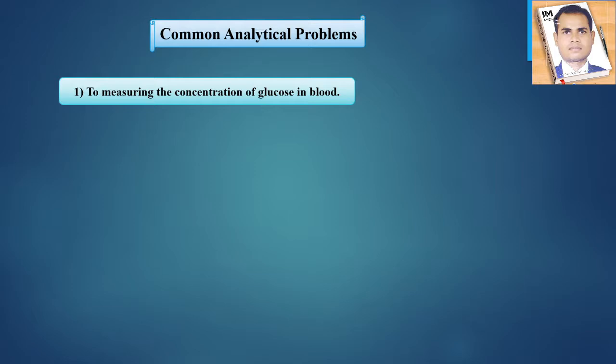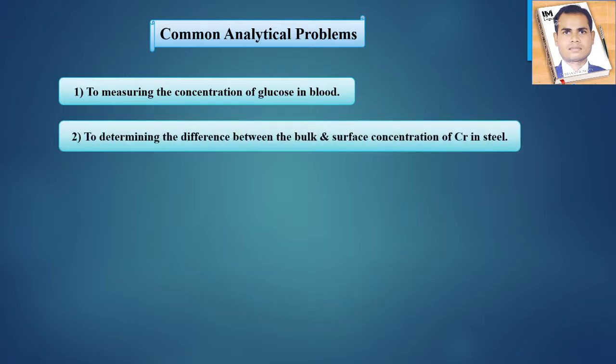Okay, during the measurement of the concentration of glucose in blood, you can see there are a number of problems created during the measurement. Next, determining the difference between the bulk and surface concentration of chromium in steel. So this is also a common analytical problem.